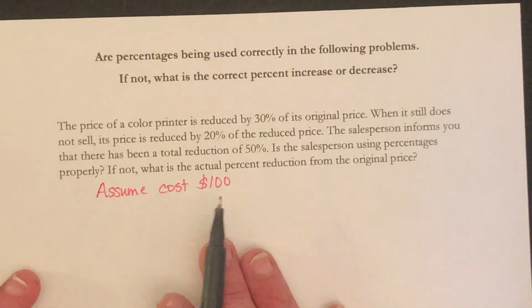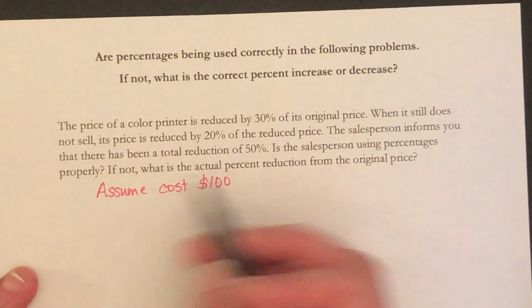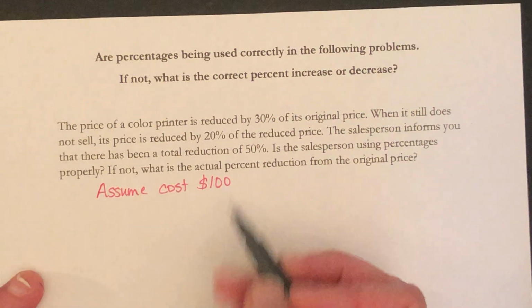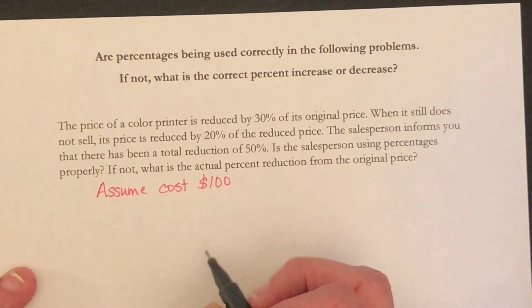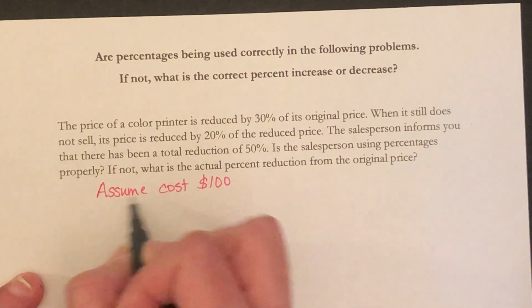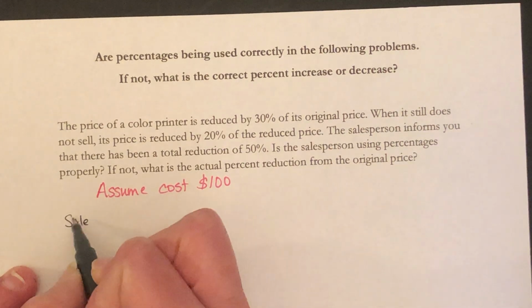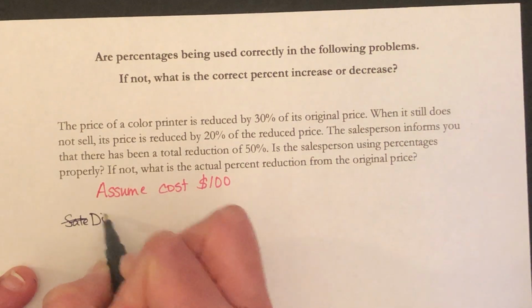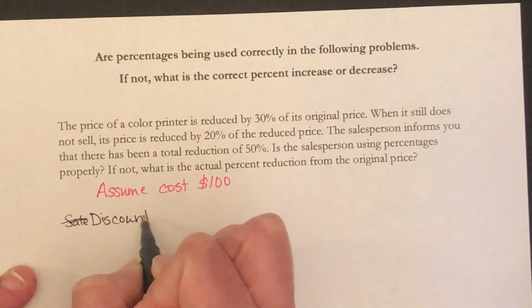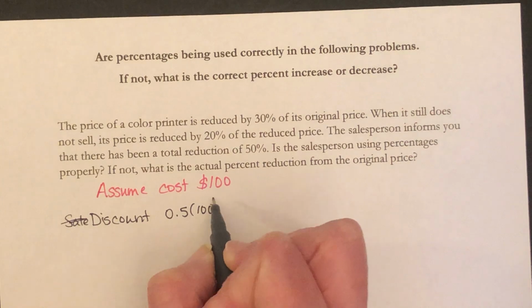Okay, so let's just do the 50% off first. So if I want to find the 50% off, this one you can almost certainly do in your head, but what are you actually doing? First of all, you want to find the sale price. The discount is what we call it, which would be 0.5 times 100.